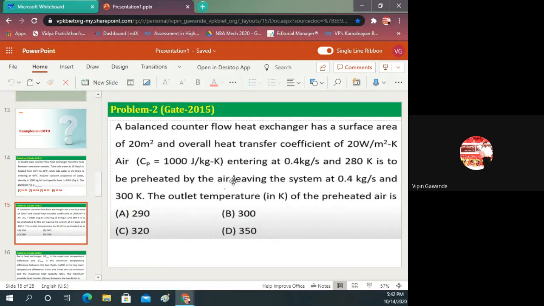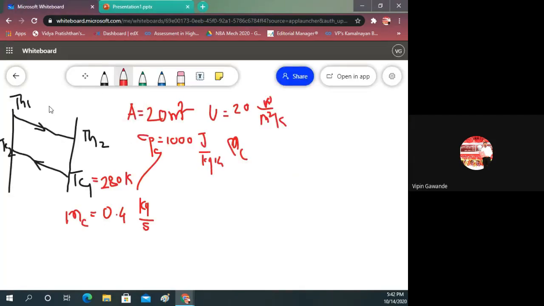It is giving heat to the first air. So the air leaving the system is hot, and its mass flow rate is 0.4 kg per second.